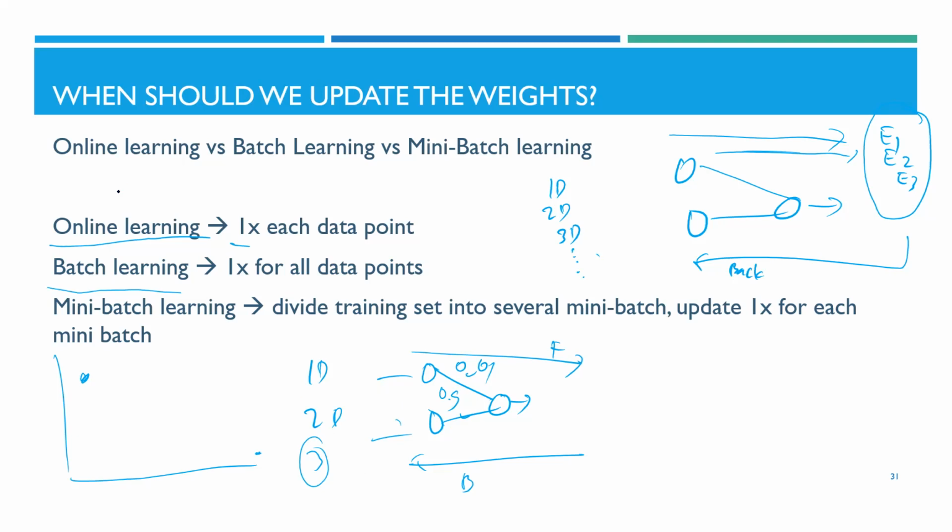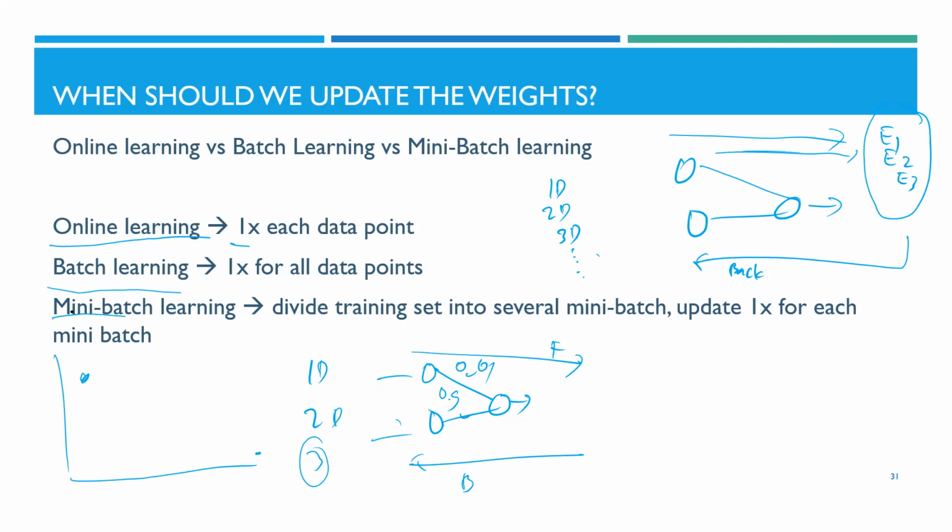For batch learning, because we use the total error, we only update the weights based on the general error of the data. So it's too general. Between online and batch learning, we also have mini batch.